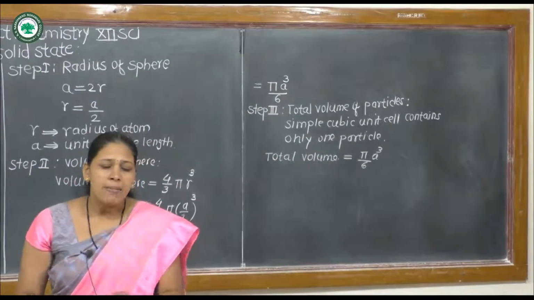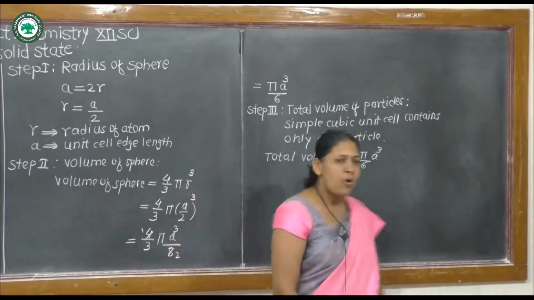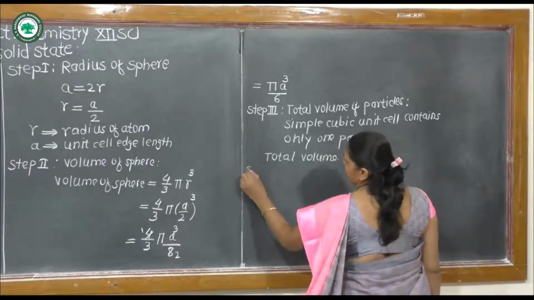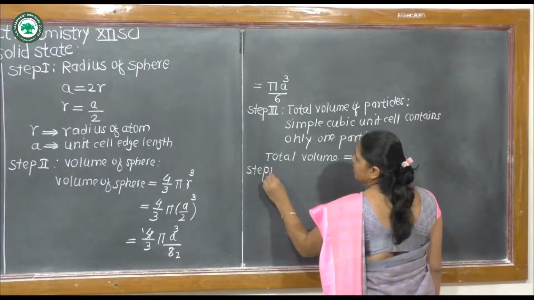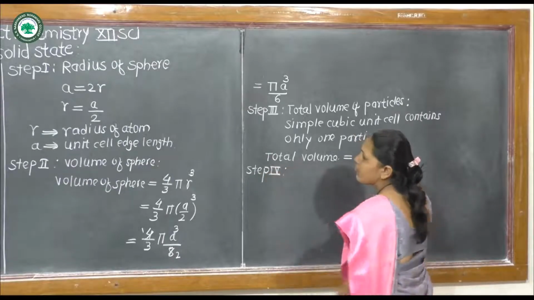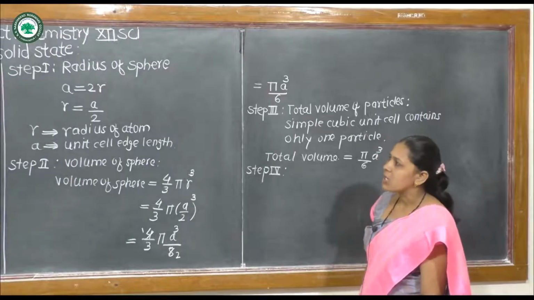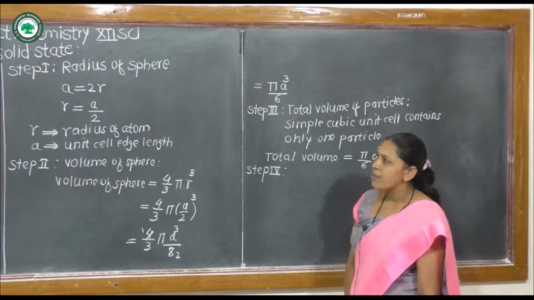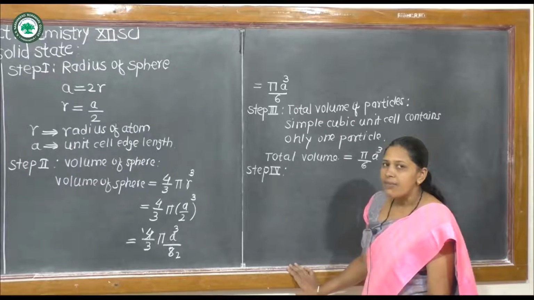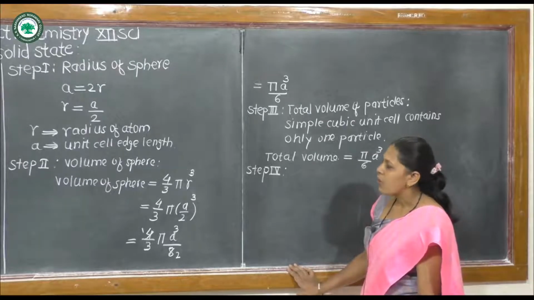Then the fourth step is packing efficiency. We know that the formula for packing efficiency is equal to the volume occupied by particles in the unit cell divided by the total volume of the unit cell.